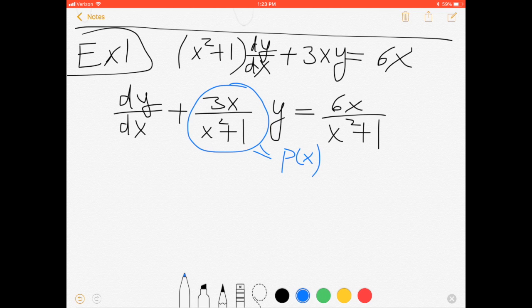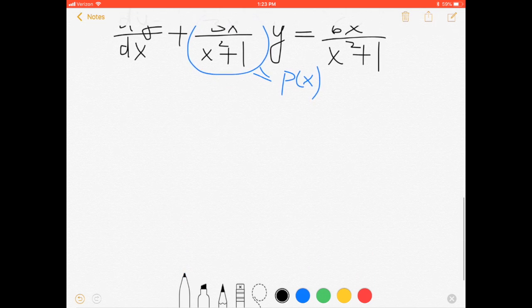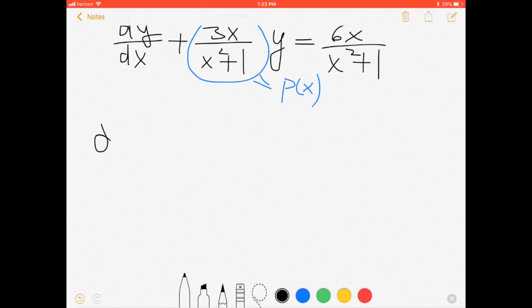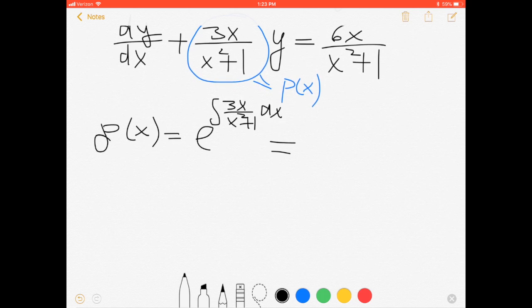This means first find the multiplicator. What is the multiplicator here? It is rho(x), the exponential of the integral of 3x over (x squared plus 1) dx. It will be e to the 3 halves ln (x squared plus 1).